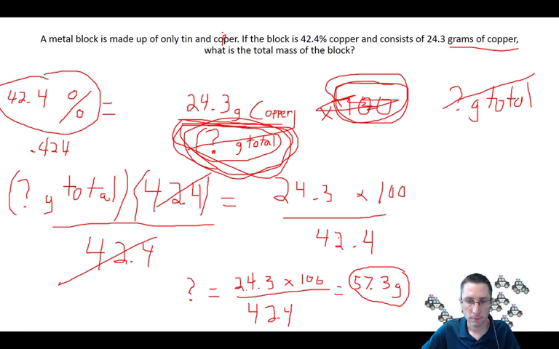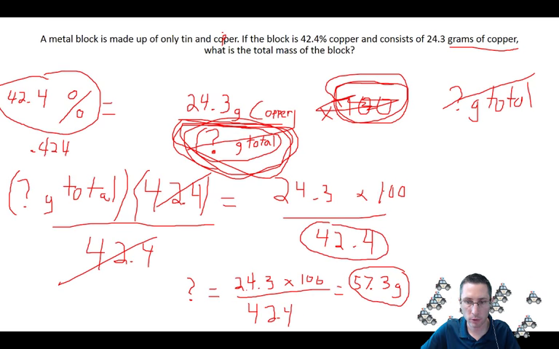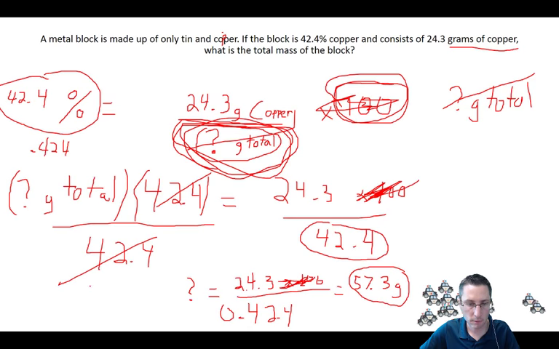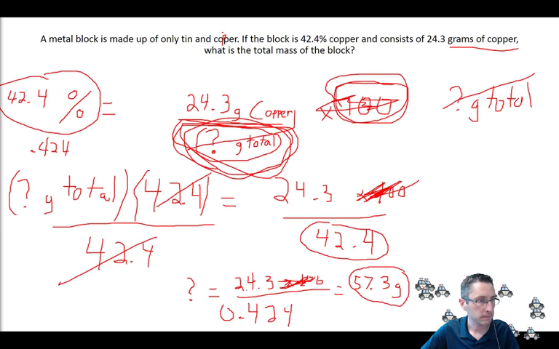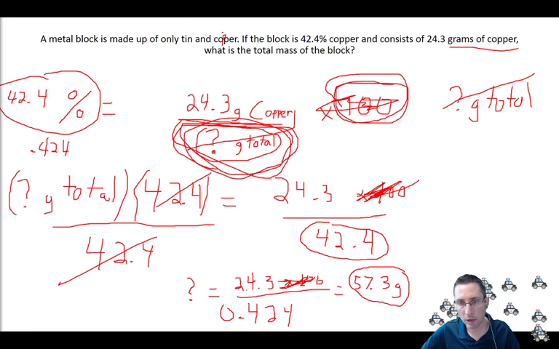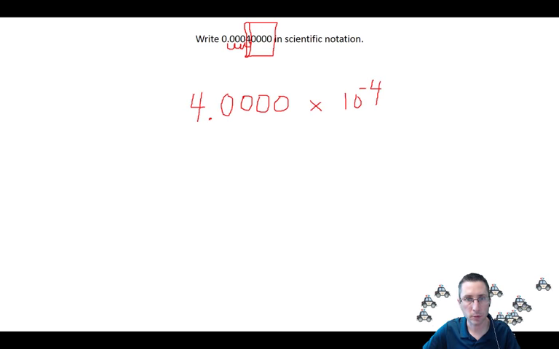So if you divide it by 0.424 here instead of 42.4, you shouldn't have the 100 in the numerator. So 57.3 you'd still get if you did 24.3 divided by 0.424. It just depends on how you think of percentages. I was sticking to the formula there. So I think your way will work just fine. So do what's best for you.